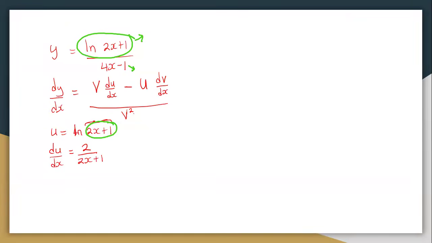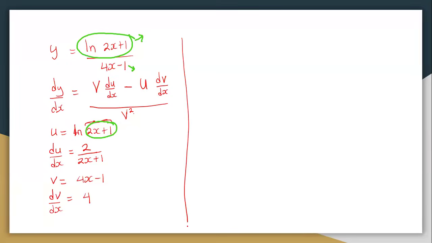Okay. And I will let my v be equal to 4x minus 1, and my dv/dx will be equal to 4.